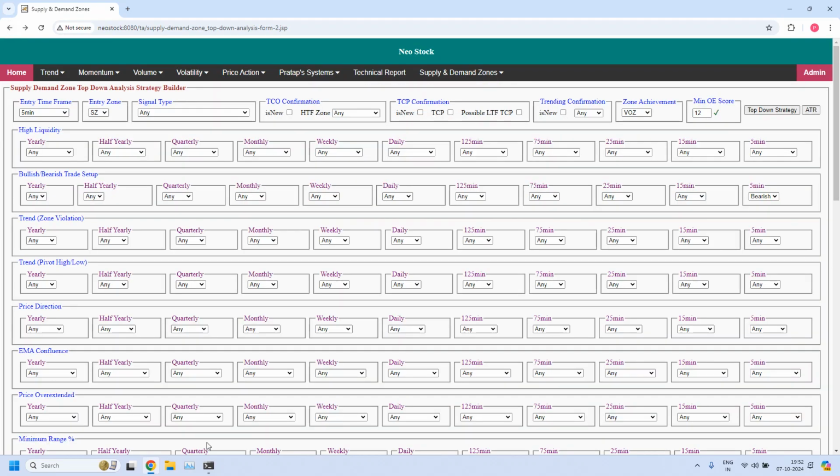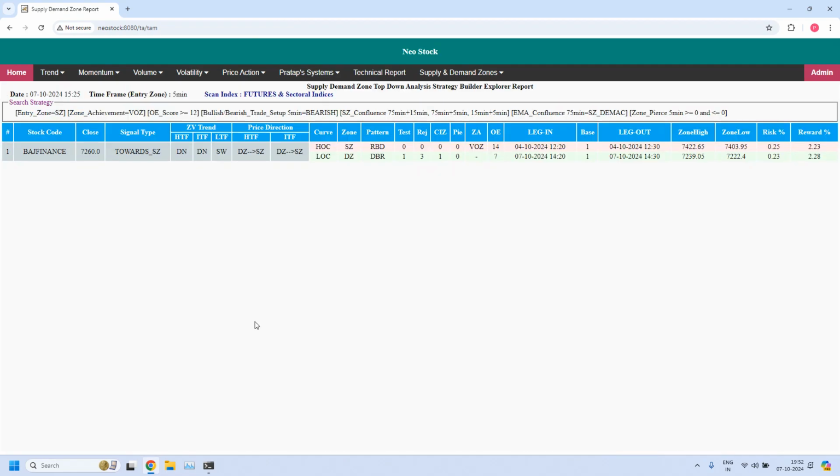So I'm going back to the EMA confluence, 15 minutes time frame, 75 minutes time frame. The reason is 5 minutes is part of 15, both together again part of 75, HTF confluence. So I'm enabling 75 minutes supply zone with daily EMA confluence. Again Bajaj Finance only is filtered, and downtrend even in HTF. Okay, so this supply zone is supporting high probability setup.